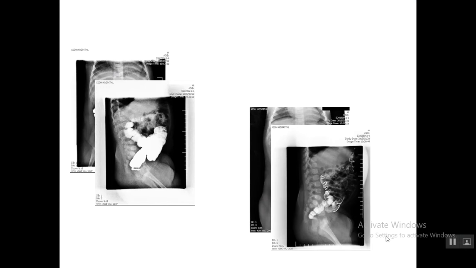We expect the contrast to clear from the bowel loop in normal patients. But here, you can see that lots of contrast retention is detected in the bowel loops.